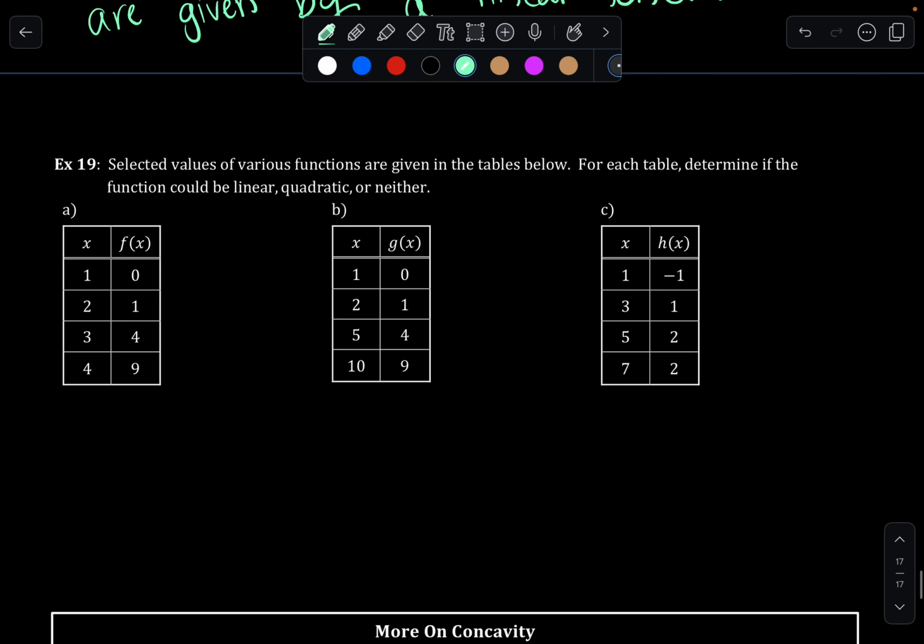All right, this is the last part of this video. Selected values of various functions are given in the tables below. For each table, determine if the function could be linear, quadratic, or neither.